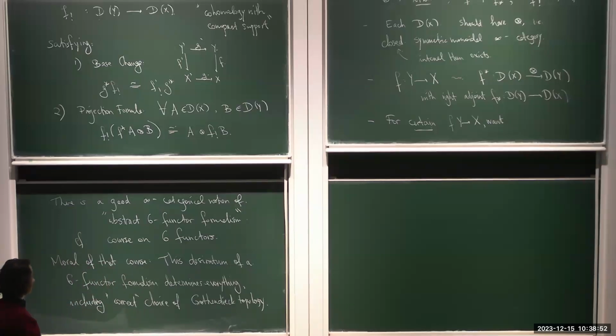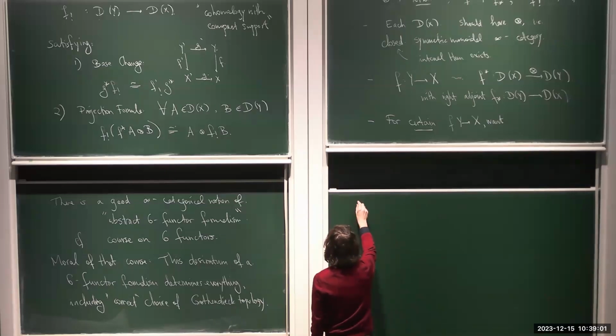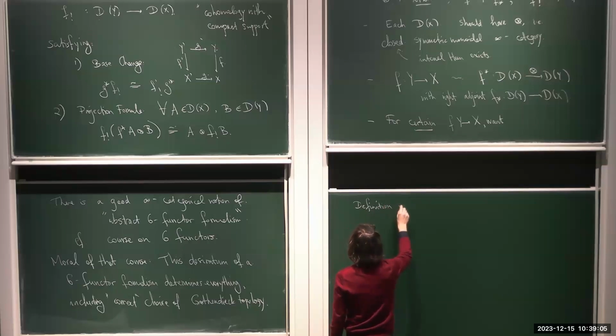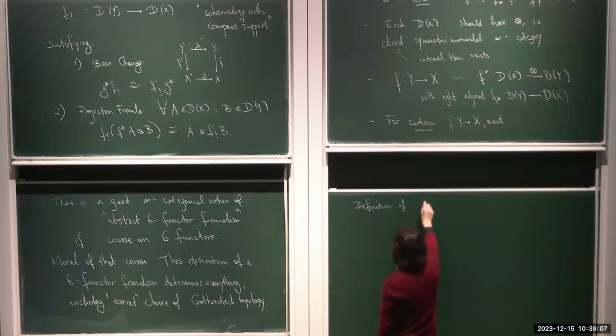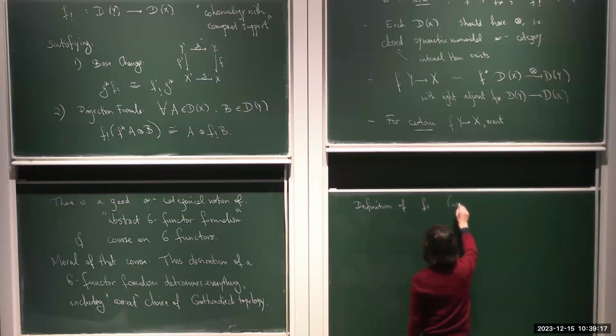All right, so before we start the discussion, in our specific case, recall the usual definition of such an f lower shriek functor.